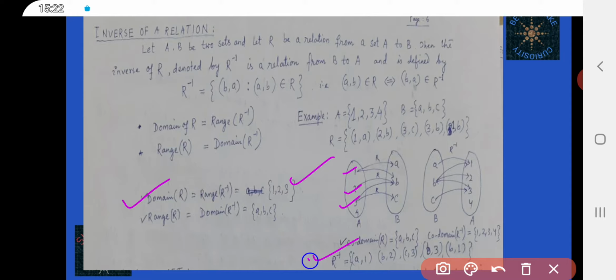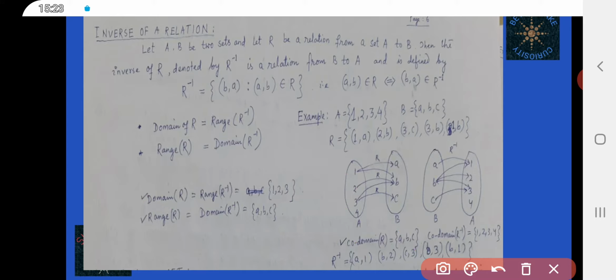And the range of R inverse is 1, 2, 3. So domain of R is equal to range of R inverse, which is 1, 2, 3.